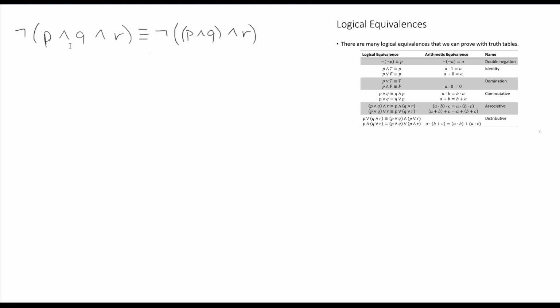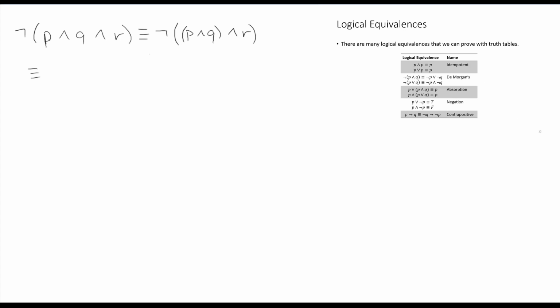Well, if the brackets don't matter, then we can actually add the brackets in if we want to make it appear more like one of the rules that we're going to apply. So now that it looks like this, I actually can apply DeMorgan's Law. Let's bring back DeMorgan's Law here, in case we haven't already memorized it. What DeMorgan's Law says is we can still apply it once we've treated them as two arguments here.